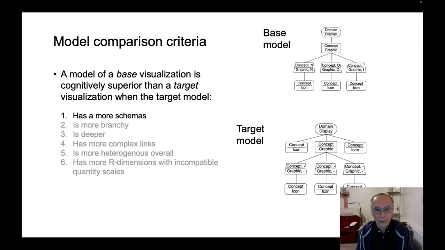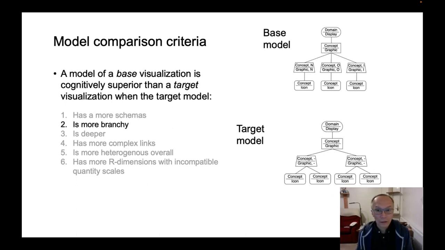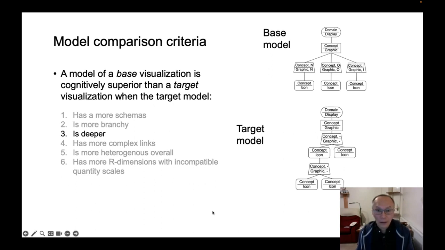The first one: when a target model has more schemas than a base model, the base model is likely to be better. The second criterion: when a target model is more branchy than the base model, the base model is likely to be better. Third criterion: when the target model is deeper than the base model, the base model is likely to be superior.